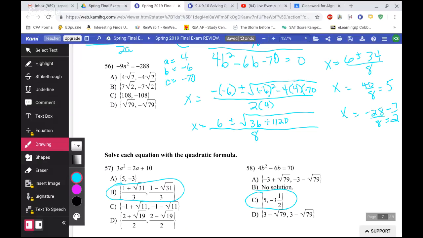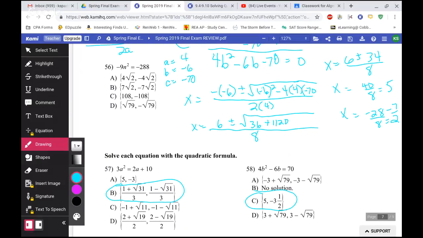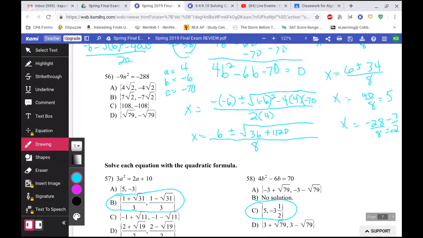All right, for those of you who are struggling with the quadratic formula, did you have any light bulb moments at all with that? A little bit. Good job. After you get the 6, do I do plus or minus 34? Remember how there's a plus or minus between the 6 and the 34?